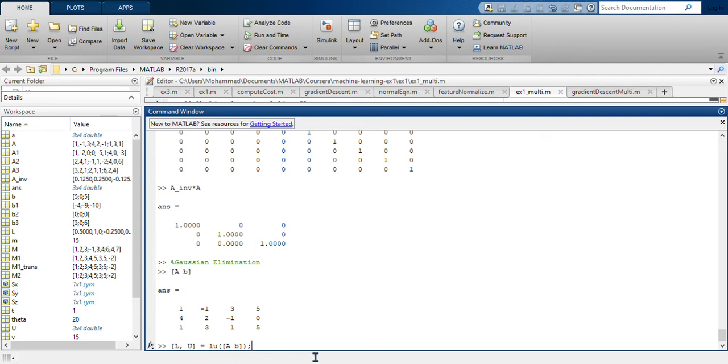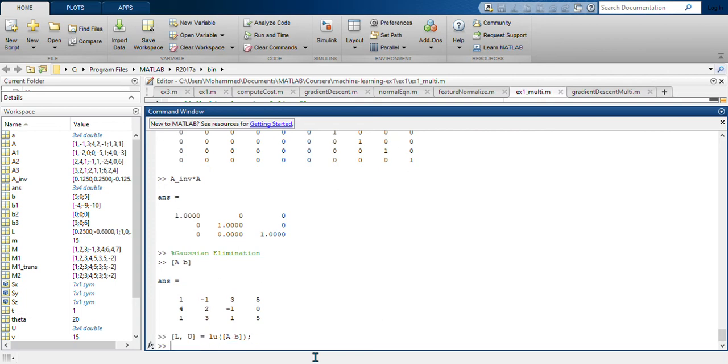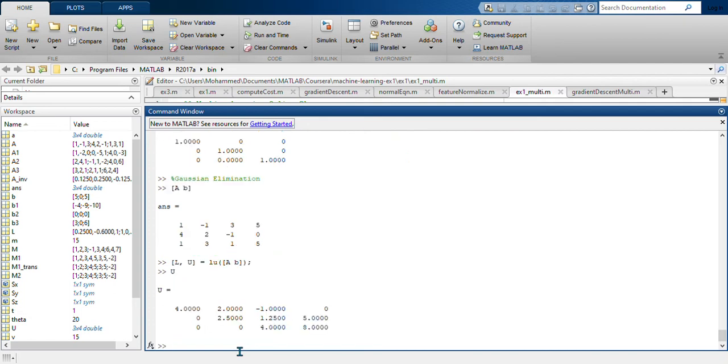So I'm going to suppress this here, and so the L and U are stored, but I want to print out only the U part. Okay, so if you look at the U matrix, which is the result of the Gaussian elimination process.